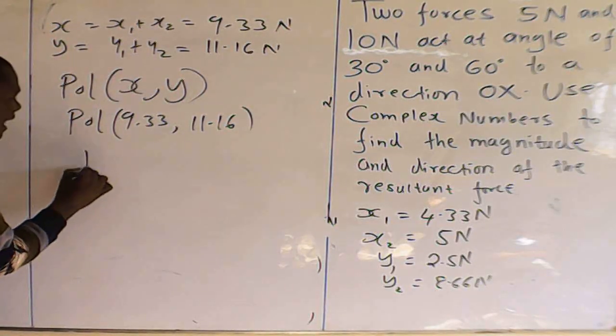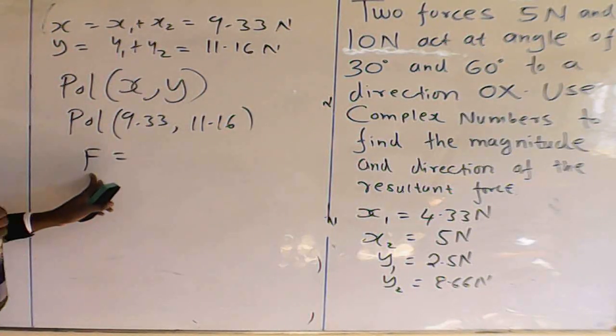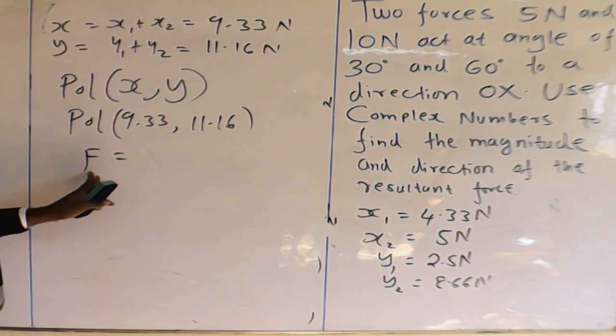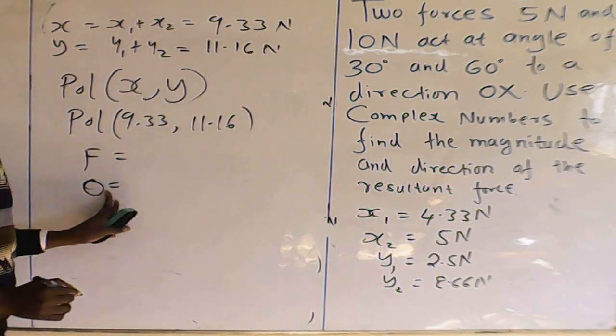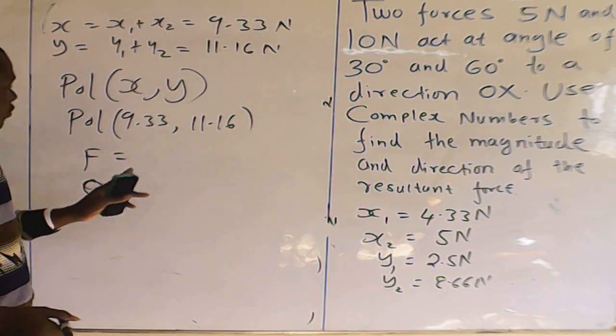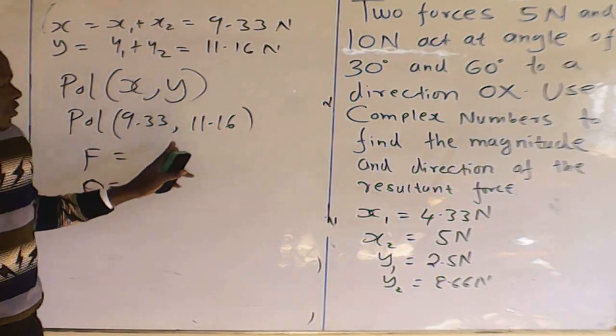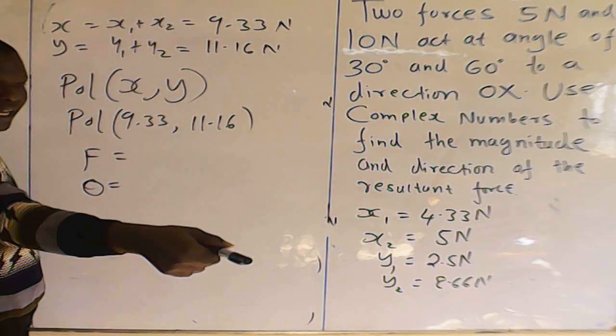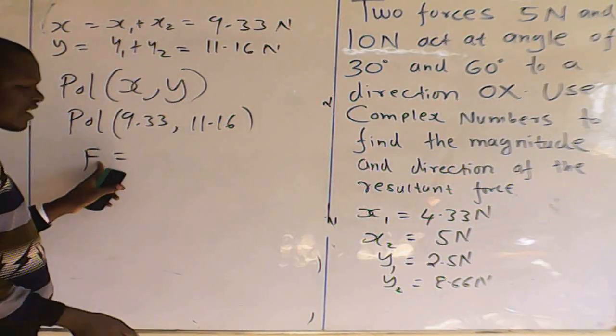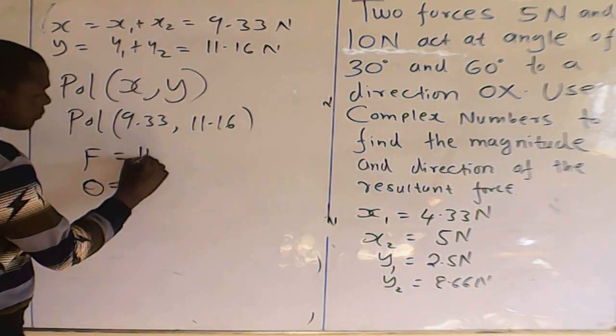Then you get r, which gives you the magnitude of the resultant force, and theta, giving you the direction of the resultant force. So what do you get? Polar form of 9.33, 11.16 gives 14.55. That is r, so r is the F, isn't it? Yes.